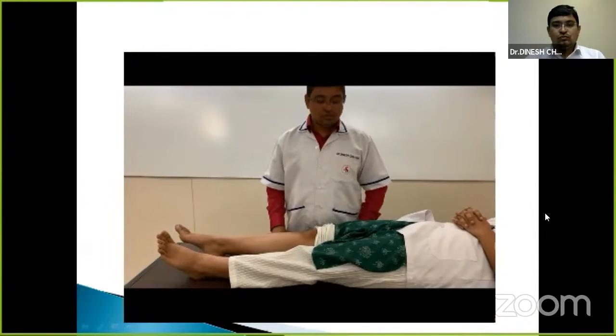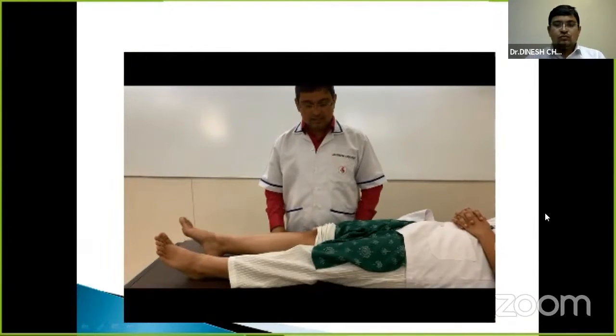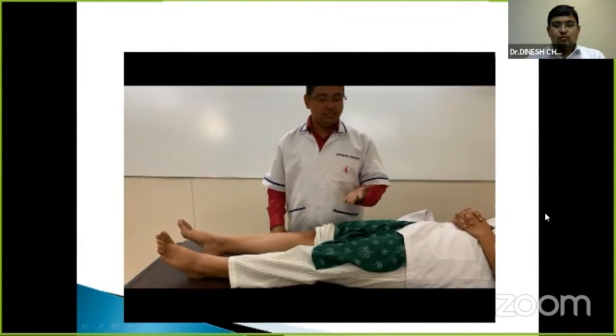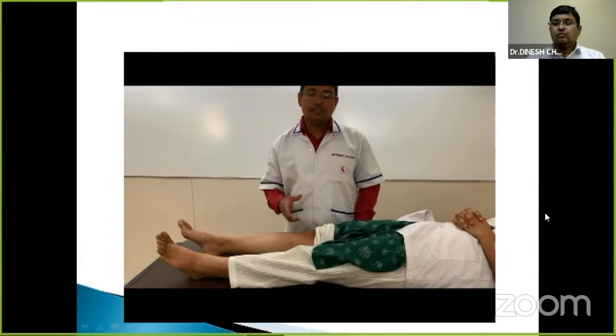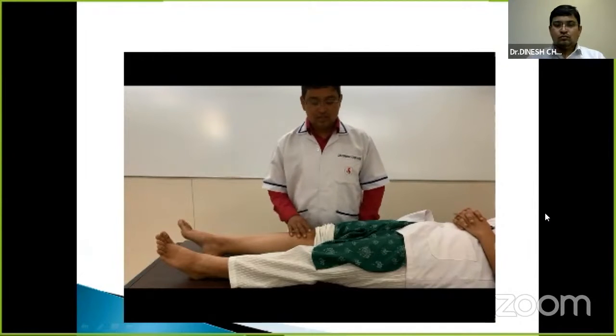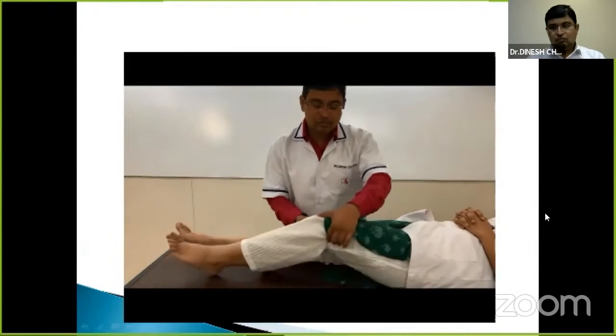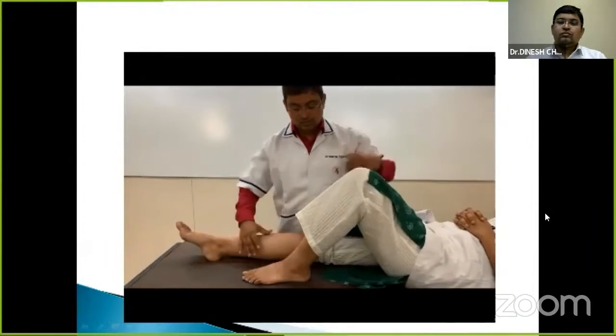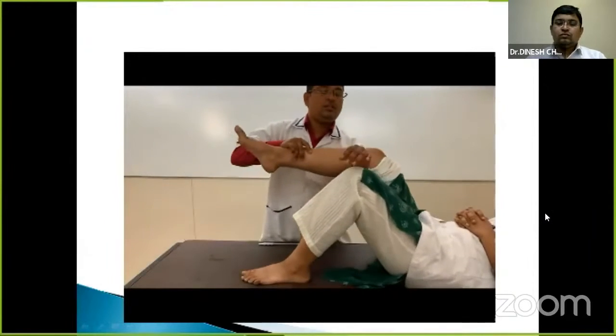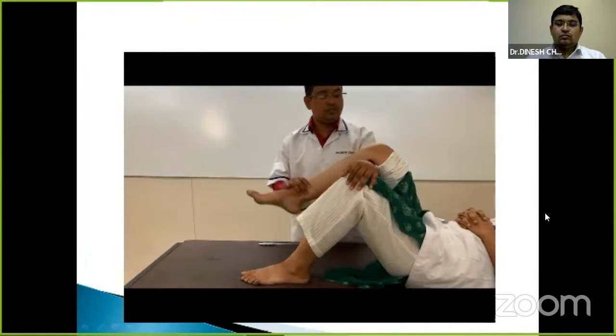This is another position for testing knee reflexes for patients who are not able to sit independently and are lying down. There also we can test the knee jerk. First bend the other knee, hold this position, just relax.